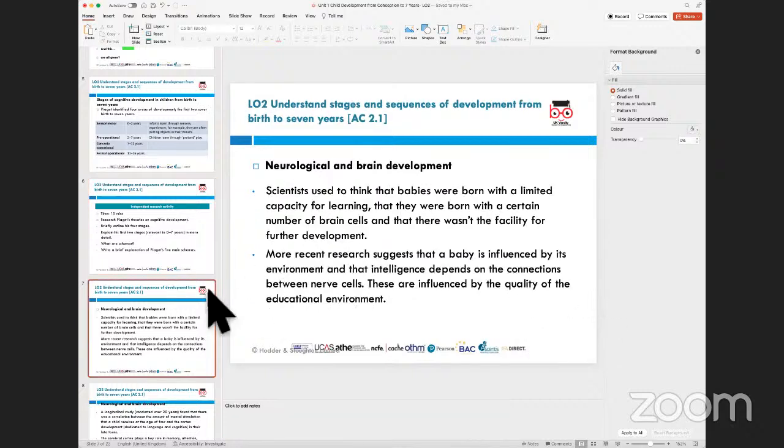Now, when we look at the second area that we want to cover, apart from understanding cognitive development, it is neurological and brain development.